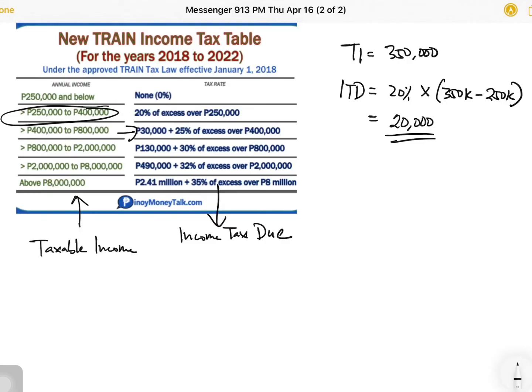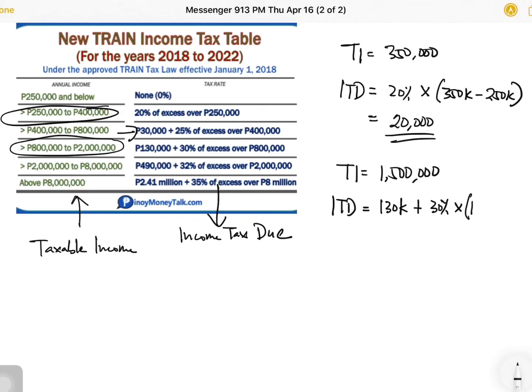Another, how about if you are given 1.5 million? So how do you get the income tax due? So 1.5 million falls under the 800,000 to 2 million bracket. And the formula for this one says that you get 130,000 and then add the product of 30% and the excess of your amount over 800,000.